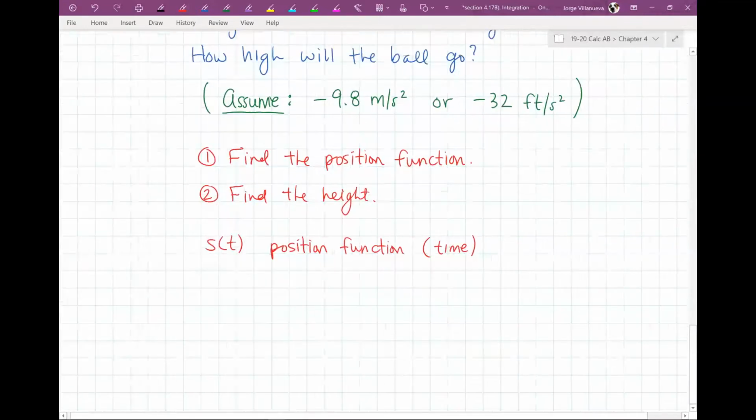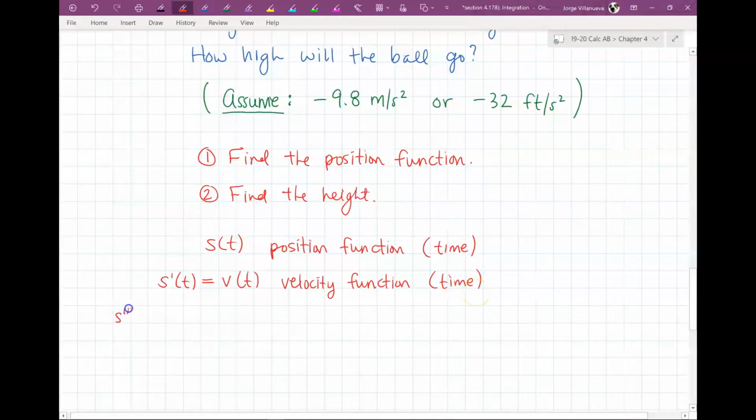What would S prime of t be? We've talked about this before. So if you take a derivative of position, what do you get? Maybe you don't remember, but yeah, it's velocity, right? Velocity based on time.